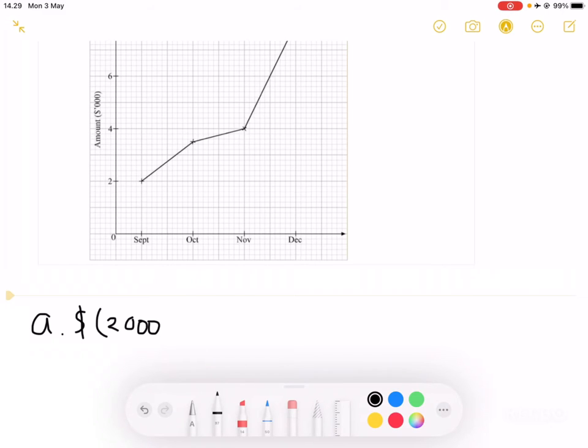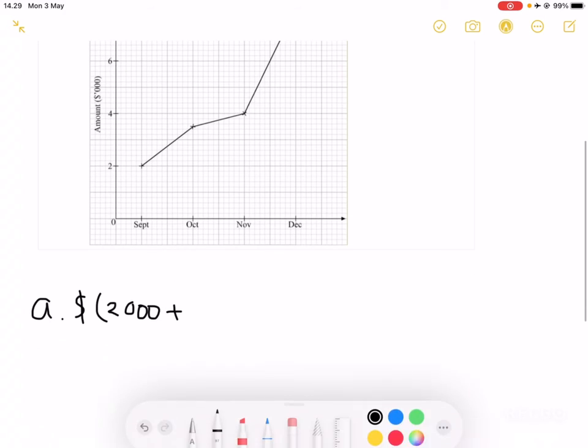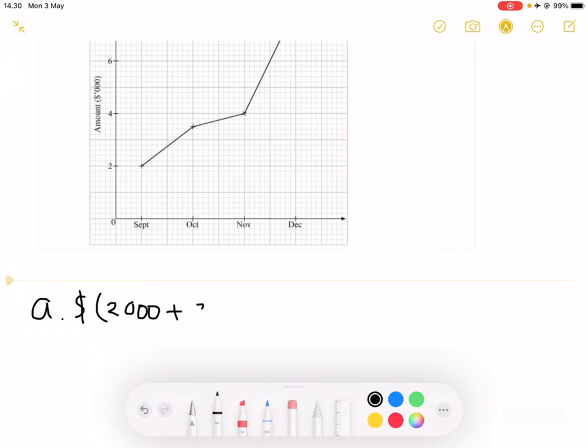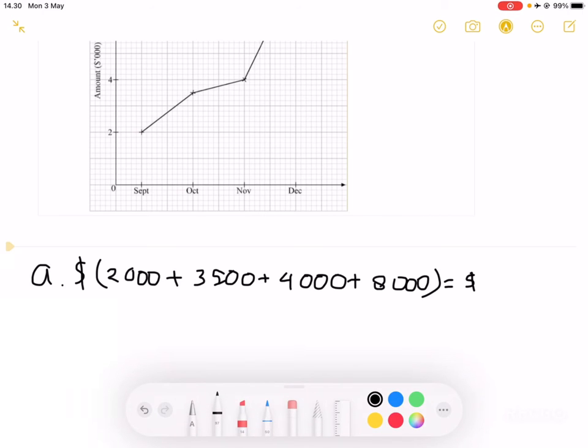So we have $2,000 as the frequency of our first dot or our first class, plus the frequency of the second class, which is approximately midway between 3 and 4, which means it's $3,500, plus $4,000 for the third class and $8,000 for the fourth class, as you can see there, which leaves an answer of $17,500.